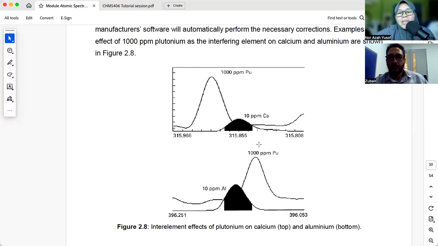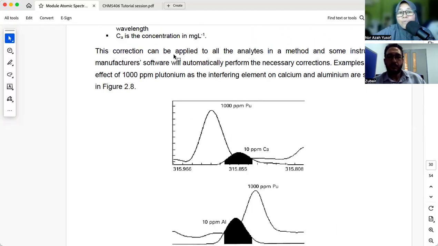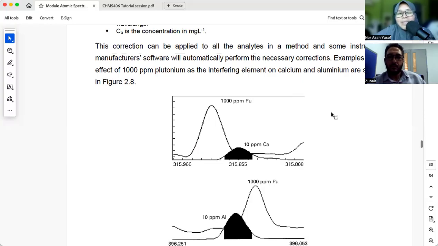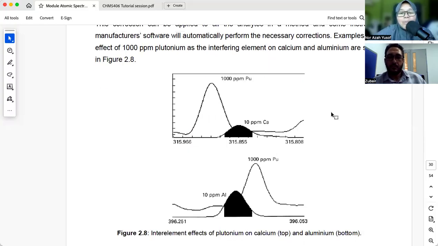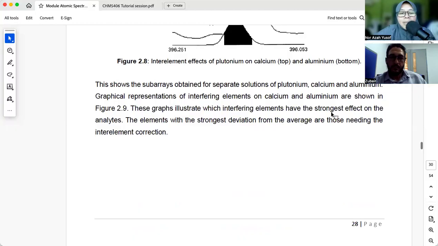But you can see that it is 1000 compared to 10 ppm, meaning that the plutonium has to be very high in the sample in order to interfere. And the manufacturer's software will usually automatically perform correction, so no need to worry. But this is something that can possibly happen. All right.